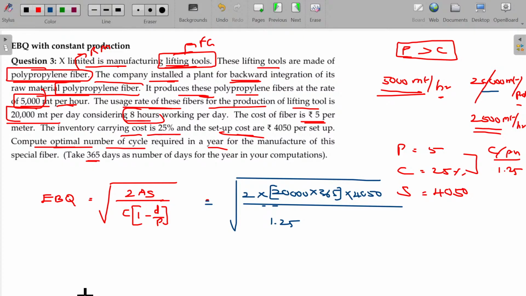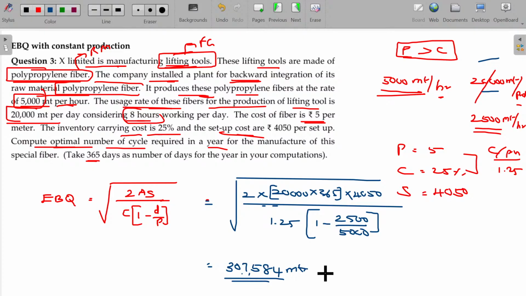Because of the constant production, the formula is slightly changed: 1 minus demand rate being 2500, over production rate being 5000. Come on, find out the ultimate value. This will be the EBQ per setup: 3,07,584 metric ton per setup.